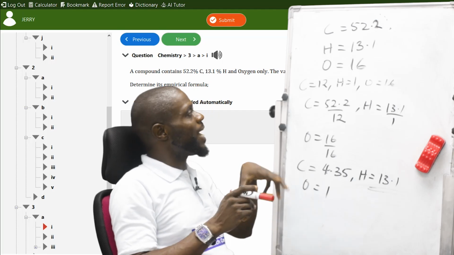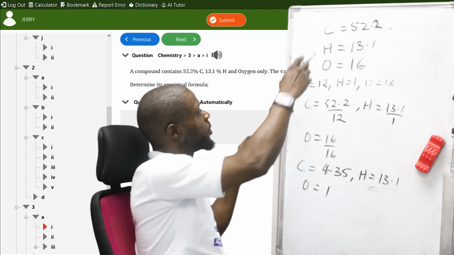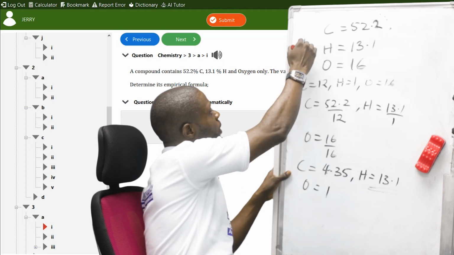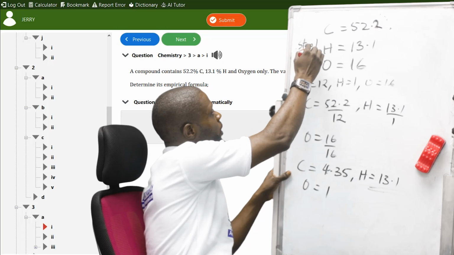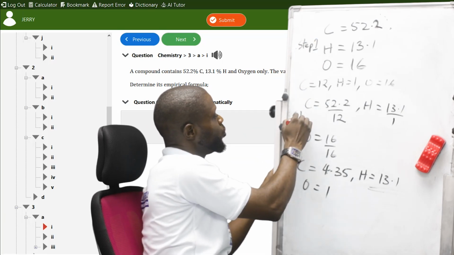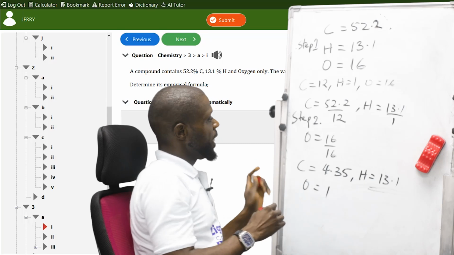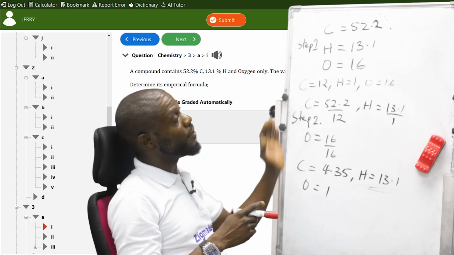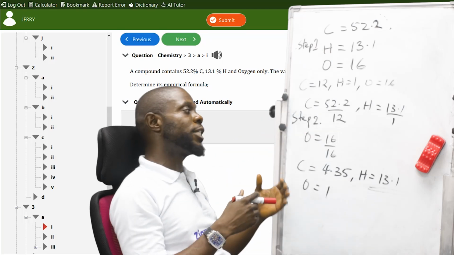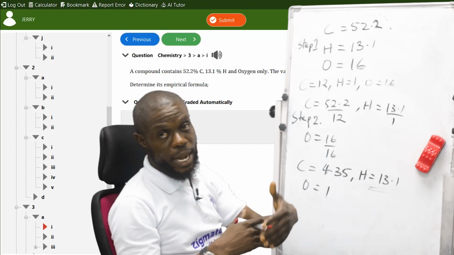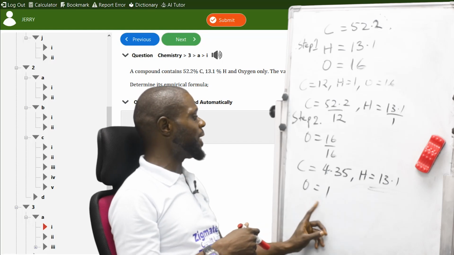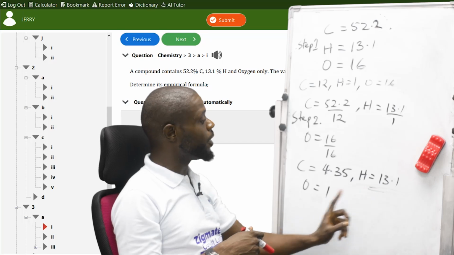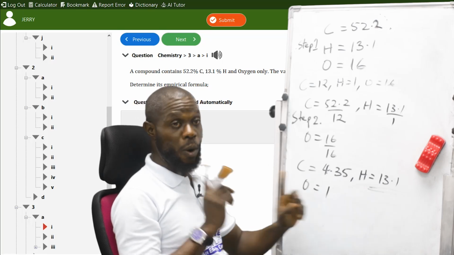This was step 1, and this is step 2. Now, the next step says take the smallest answer and divide through by it. What do I mean? The smallest answer here is 1. That means you're dividing all these values by 1 again.